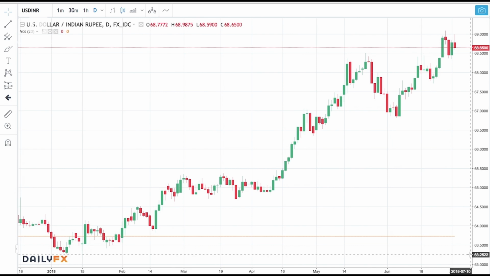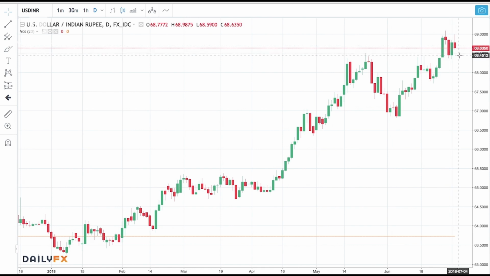Now 63 means you would pay 63 Indian rupees to get $1. So remember, whatever currency you have on the right, that's how much of the currency you need to pay to get the one on the left-hand currency. So here you need to pay 63 rupees to get $1. Today, however, you need to pay 68.6 rupees to get $1.